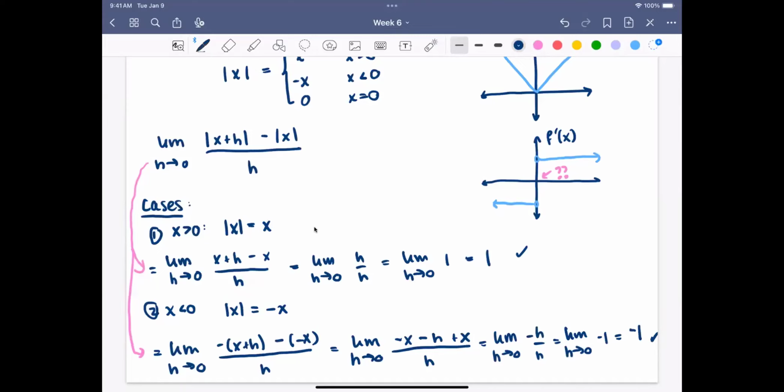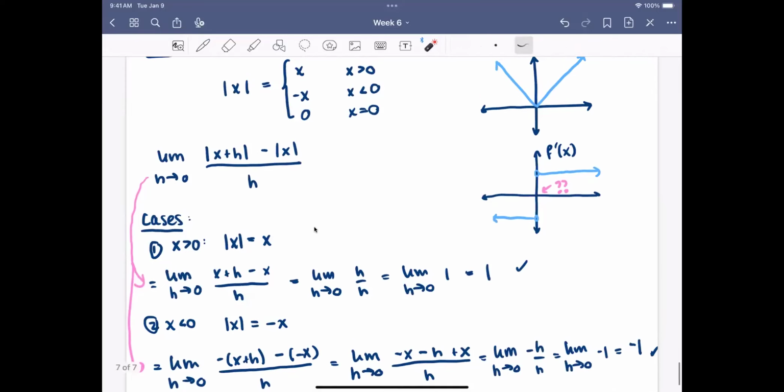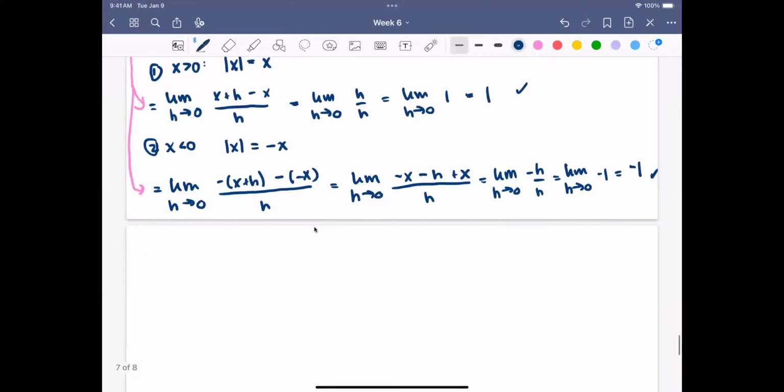Looking at what's happening as x approaches 0 from the left is a separate case of my piecewise function compared to looking at values as x approaches 0 from the right. So that tells me that if I want to compute the limit at x equals 0, I'm actually going to have to compute the two one-sided limits and check whether or not they are the same. Does that make sense?